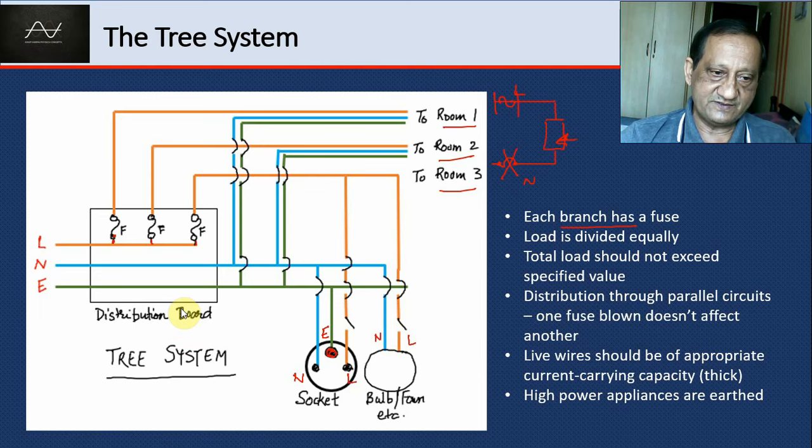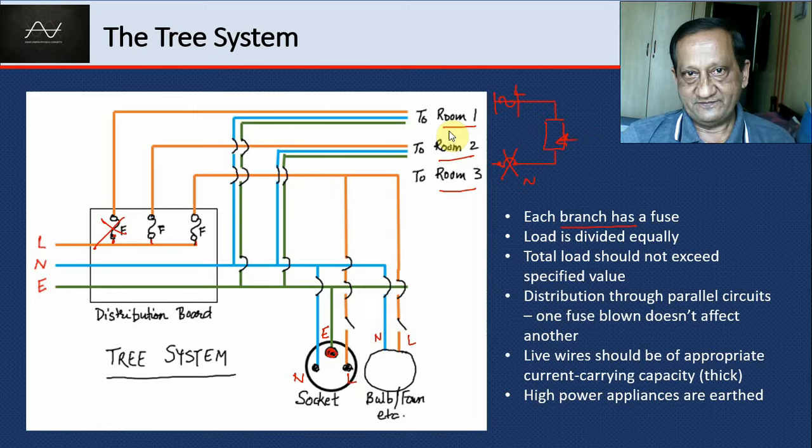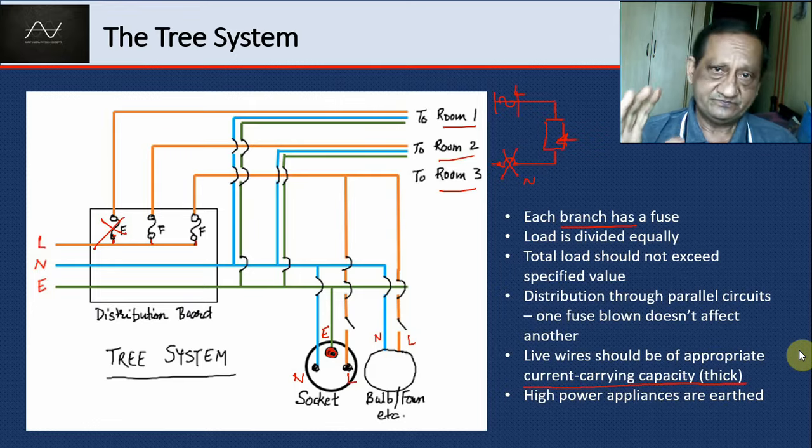But the problem is, if one fuse blows, then all the appliances in room 1 will go off until you replace the fuse. That is the problem. And the live wires that are drawn here, they are carrying the current, should be of appropriate current carrying capacity. They should be thick. What do you mean by current carrying capacity?